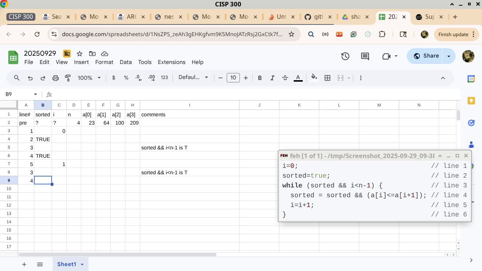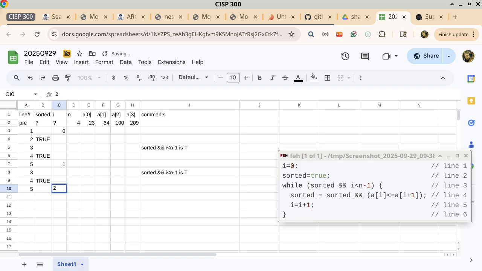And then I plus 1 is now a 2. So we are really comparing column F versus column G, okay? So this time we're comparing 64 against 100. Well, guess what? 64 is less than or equal to 100, right? So that means we still have true, and then we store true again back into variable sorted.